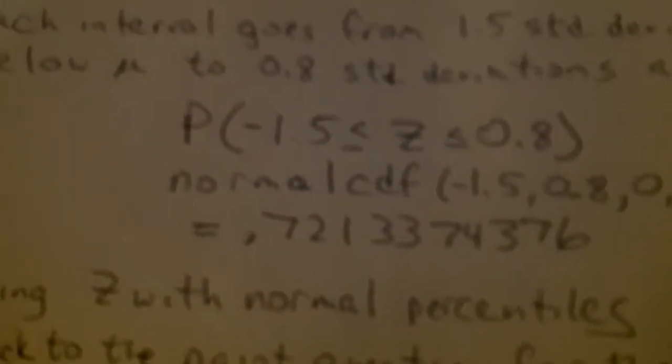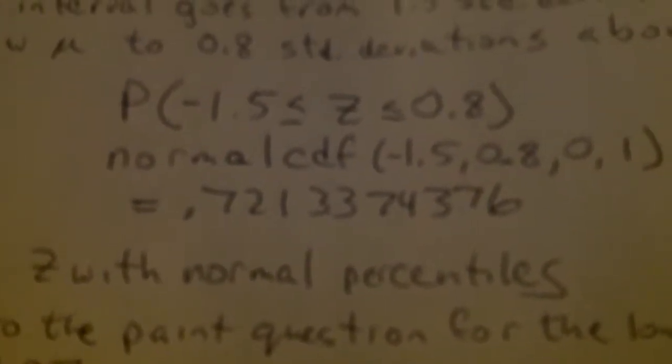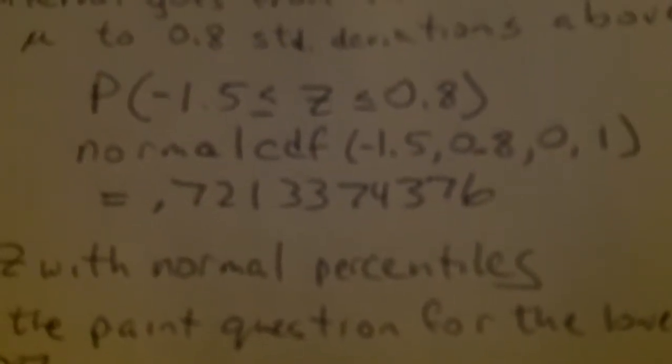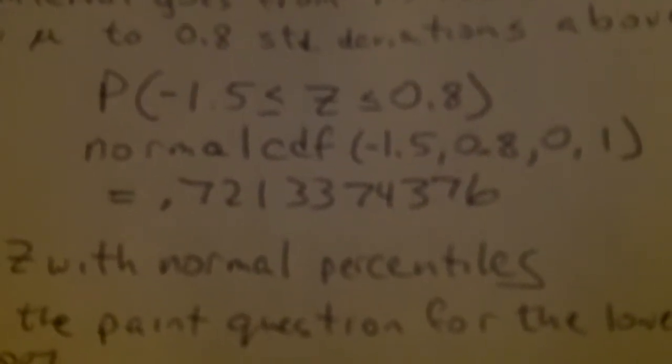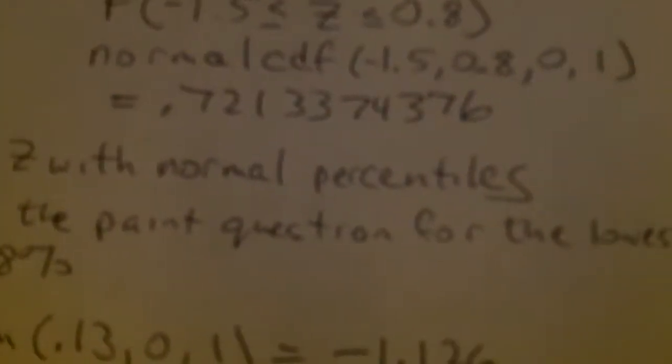And sure enough, if we convert to that z-scale with a mean of 0 and a standard deviation of 1, if we plug in via the normal CDF and we use the z values of negative 1.5 and 0.8, we get the same value that we did in the cases of the probabilities for w, x, and y.